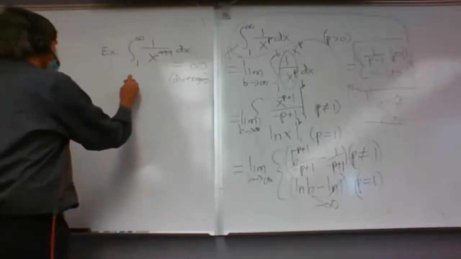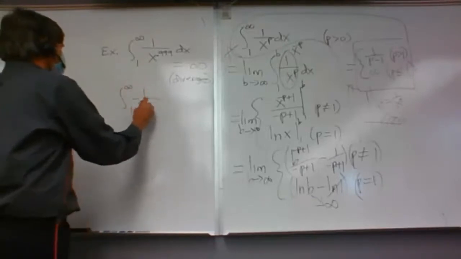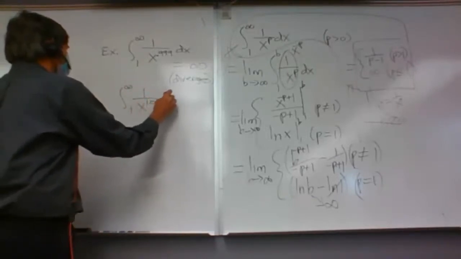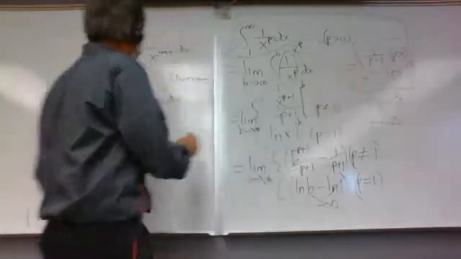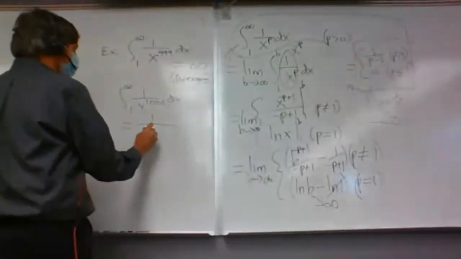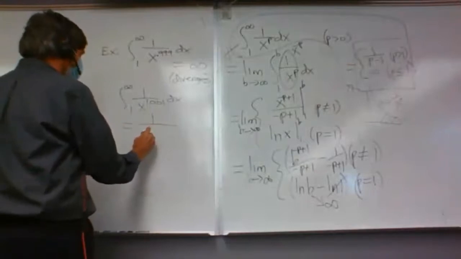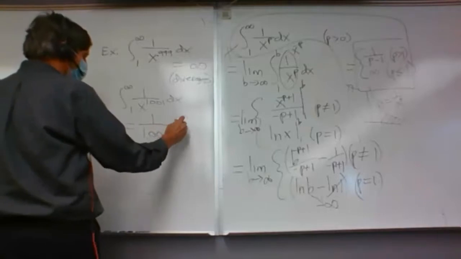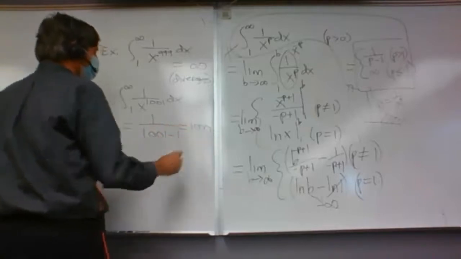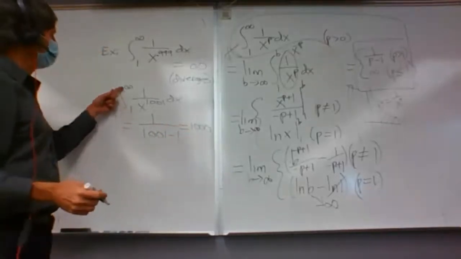But what if it's the integral from 1 to infinity of 1 over x to the 1.001? That's the other rule. 1 over 1.001 minus 1 is 1 over 1/1,000, which is 1,000. What happens is p gets real close to 1, and this integral gets bigger and bigger and bigger.